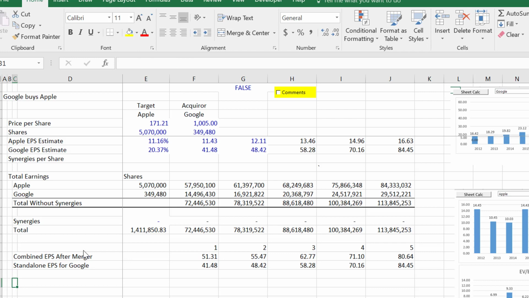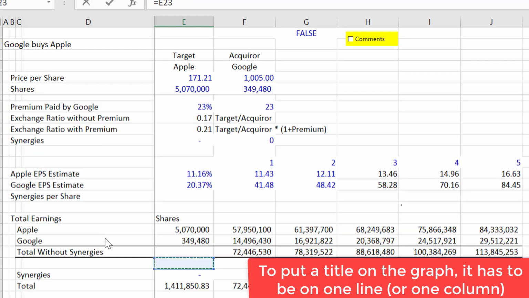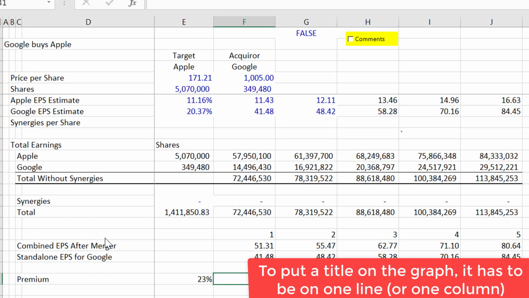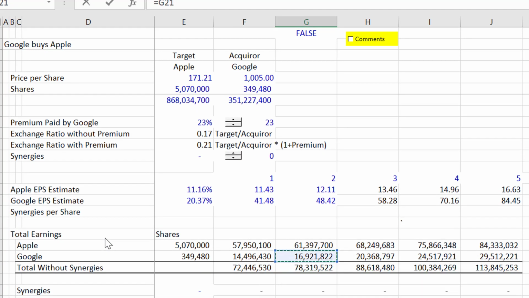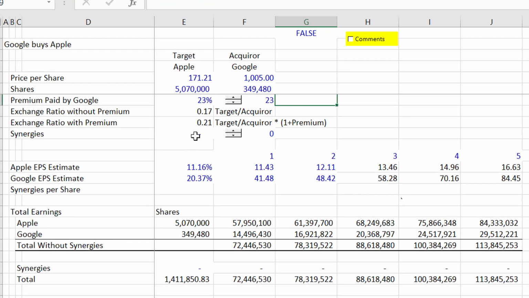Okay, and then we can put the premium here, and I'm just copying this, of course, and then we put the synergies over here, and that's going to be the title for our graph. And how about this? Let's just put some synergies in.